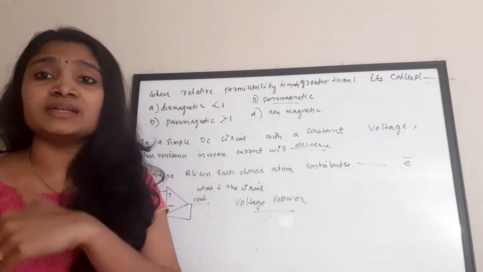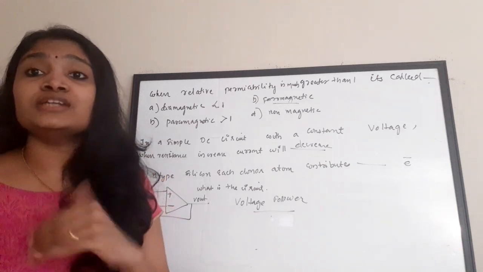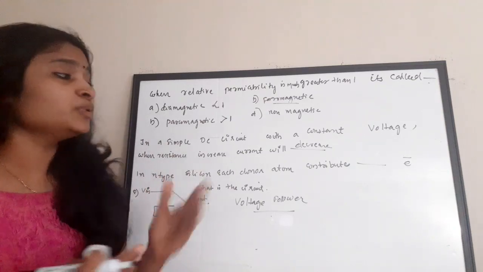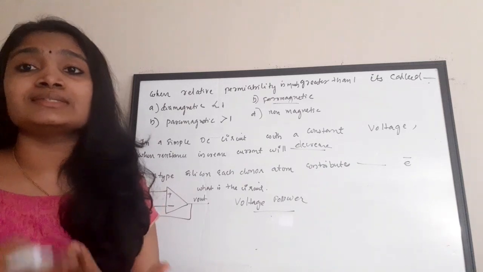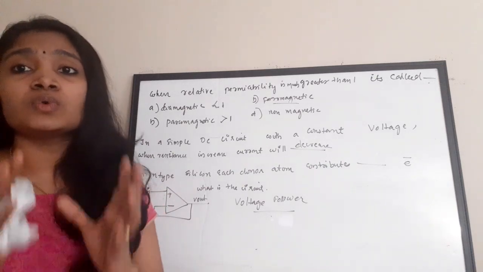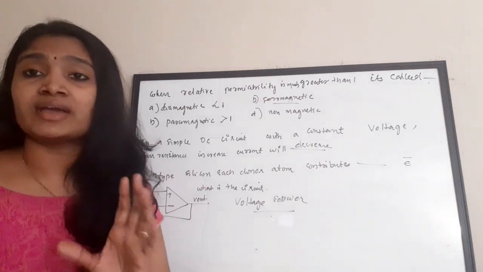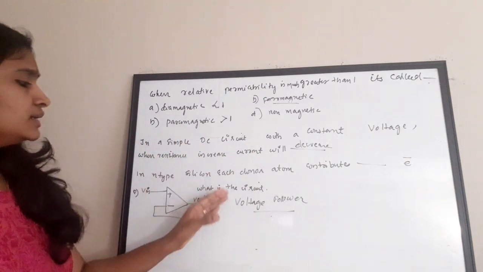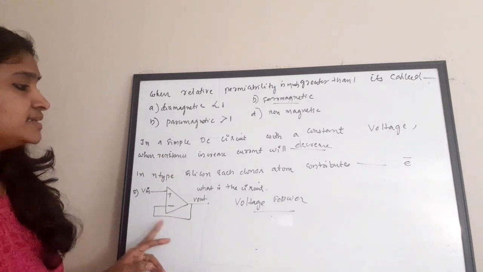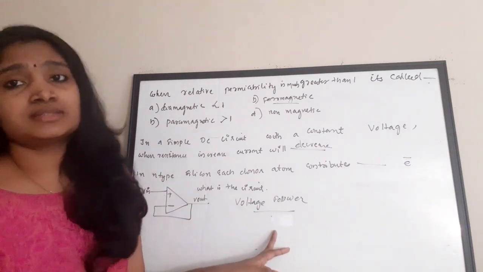Whatever signal is applied to the input side, the output follows the signal on the input side. There is no amplification of the signals. Such circuits are called voltage follower circuits, where the output follows your input. Okay, so if this connection is seen, it is nothing but a voltage follower circuit.